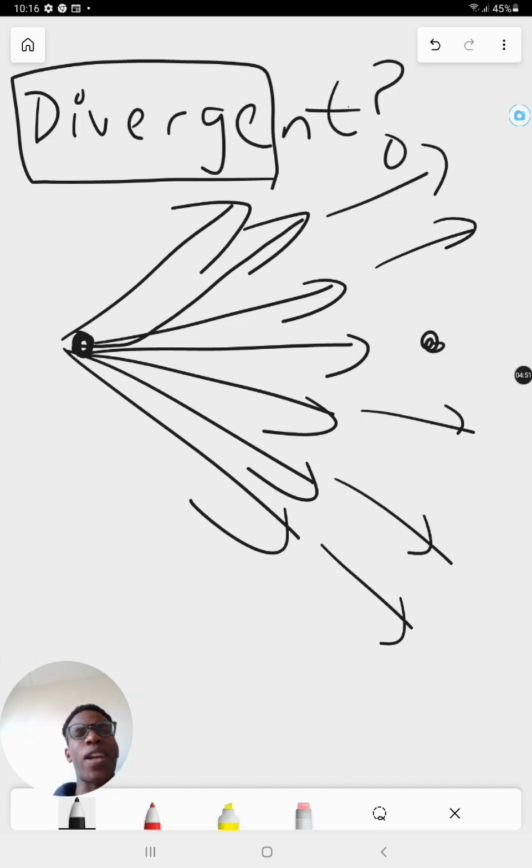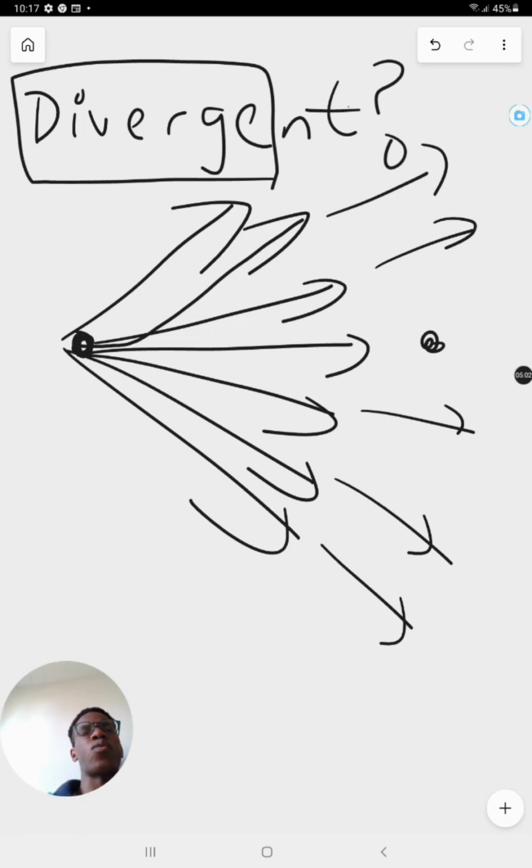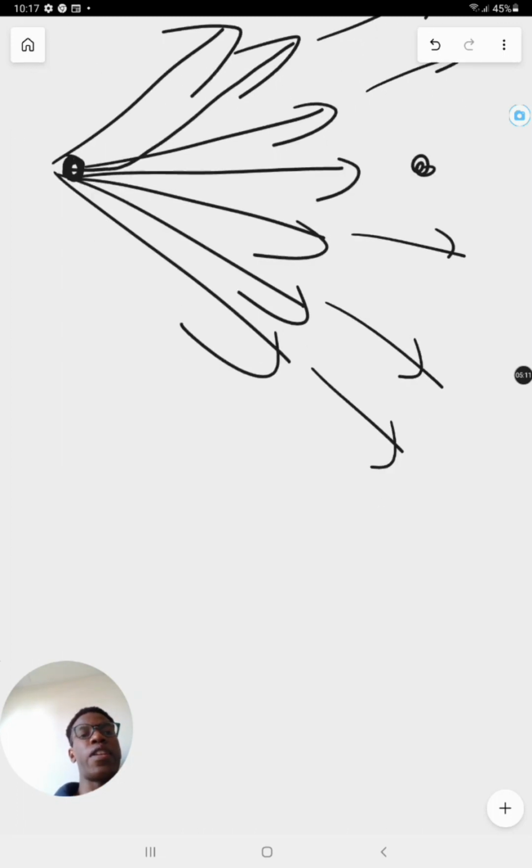So what does a series or a sequence have to do with separating, or spreading, which is another nice word you can use? What does a geometric sequence or geometric series have to do with things separating? Well, I'm going to use the sequence I just used.